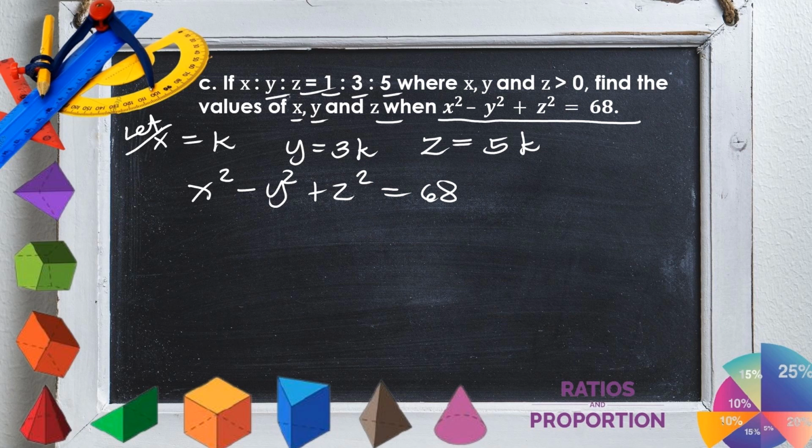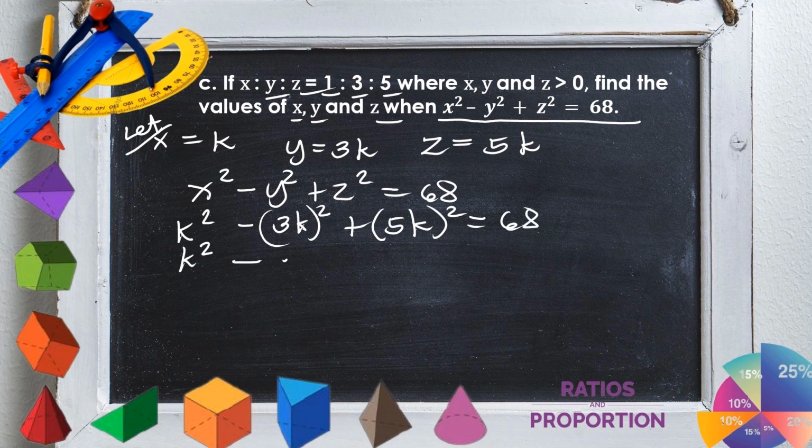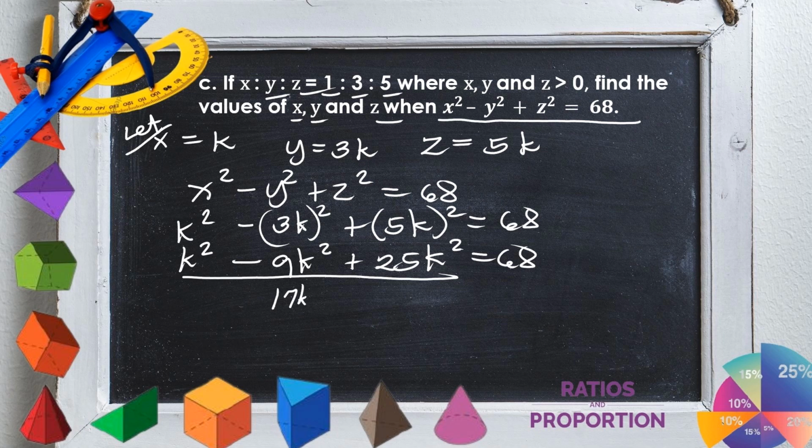So substitute: x is k, y is 3k, and z is 5k, is equal to 68. So we simplify, that is k squared minus 3 times 3 is 9k squared plus 5 times 5 is 25k squared is equal to 68. We combine this, that is equivalent to 17k squared is equal to 68.